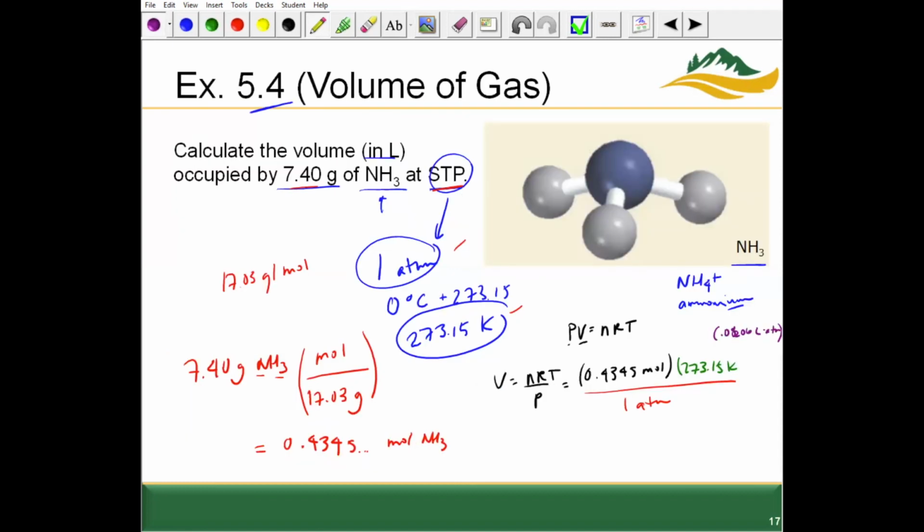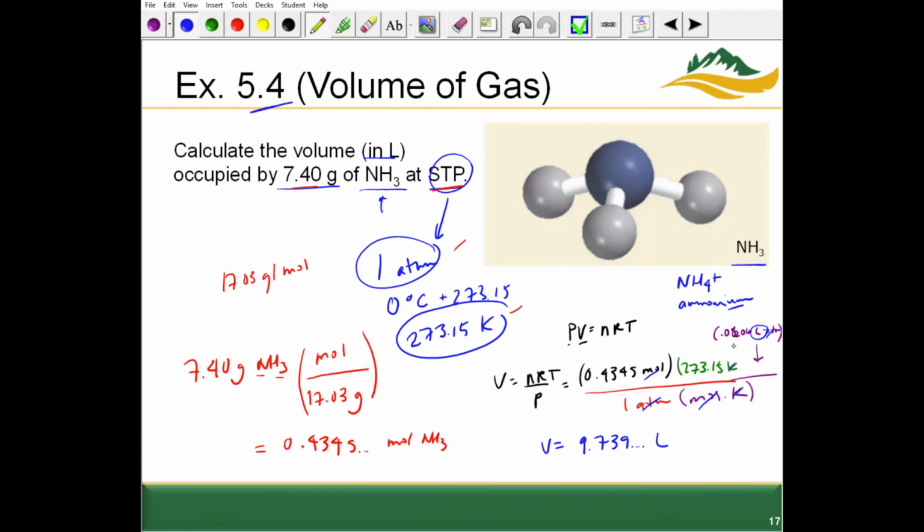So 0.08206, definitely running out of room here, liters atmospheres per mole Kelvin. Now moles and moles cancel out. Atmospheres and atmospheres cancel out. Kelvin and Kelvin cancel out, leaving just our volume in liters. We should get 9.739 with some additional digits in units of liters.